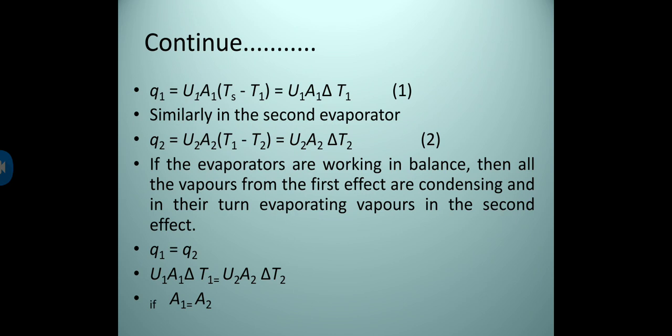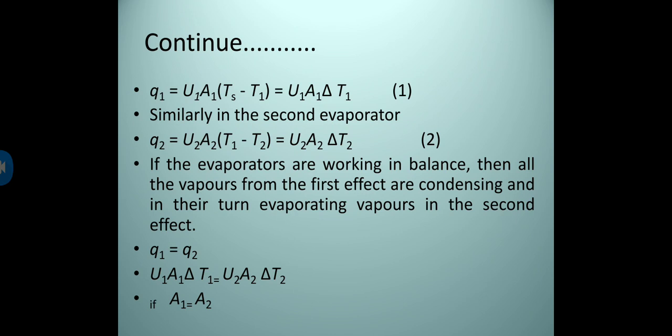Similarly, in the second evaporator, remembering that the steam in the second is the vapor from the first evaporator, which condenses at approximately the same temperature as it boiled, since pressure changes are small, Q2 equals U2 A2 (T1 minus T2), which equals U2 A2 delta T2. We will call this equation number 2.